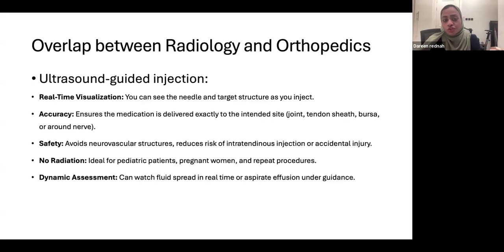Safety: avoid neurovascular structures, reduce the risk of intratendinous injection or accidental injury, which can lead to tendon rupture, tendon tear or laceration. There is no radiation, ideal for pediatric patients, pregnant women, or in case of repeat procedures. Dynamic assessment: you can watch fluid spread in real time or aspirate effusion under guidance.